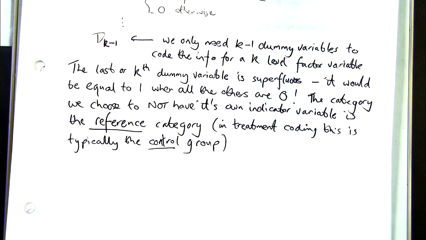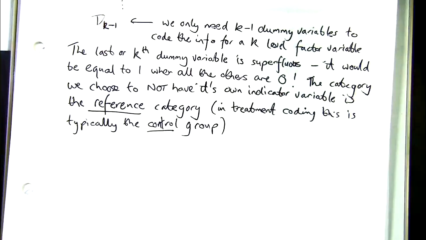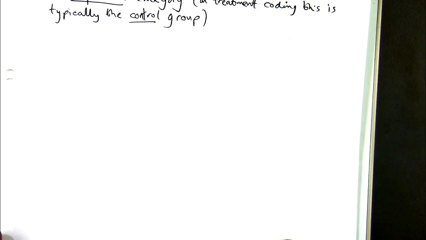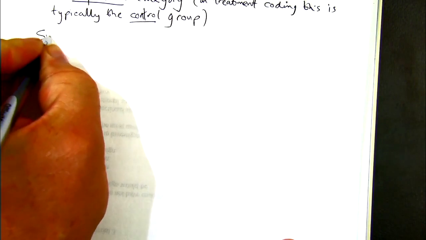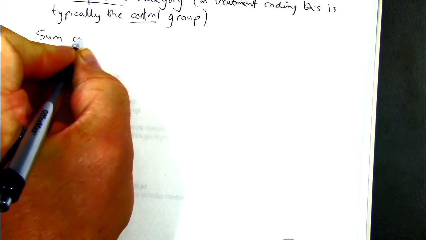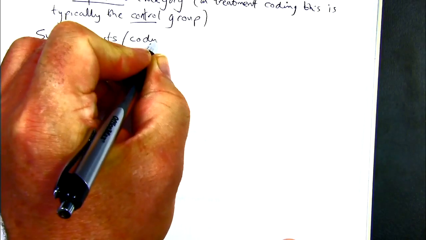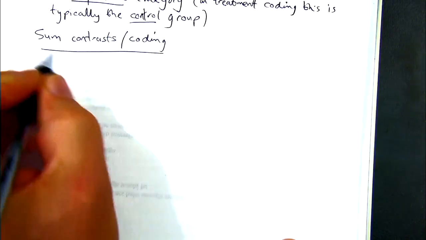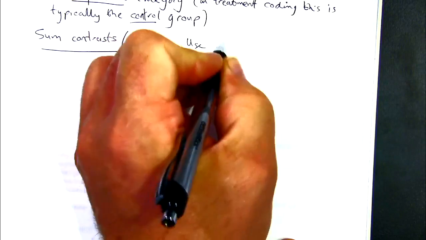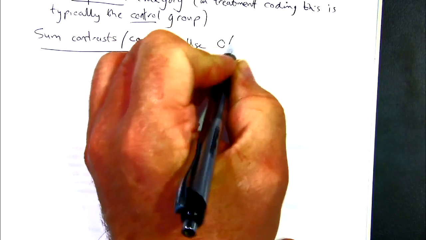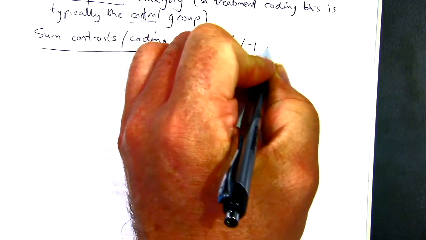So what is the alternative? The alternative is sum contrasts, or sum coding, which use 0, 1, -1 indicator variables.